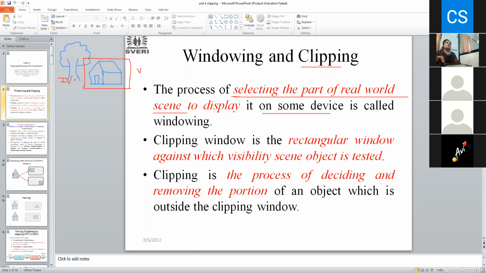We are cutting the portion which is outside the window. This method is called clipping. So clipping window is a rectangular framework which decides whether the object is visible or not, and the process of clipping is removing the invisible or outside portion.